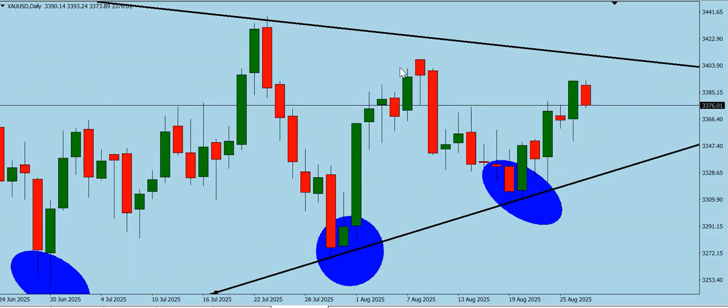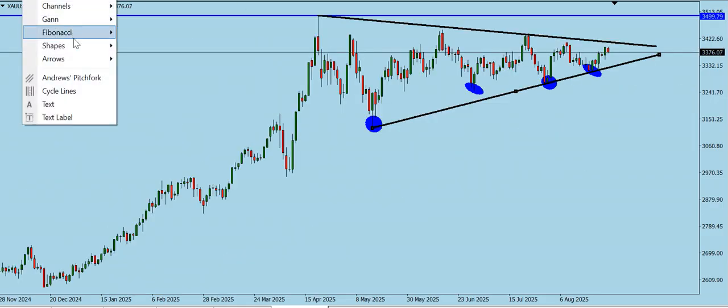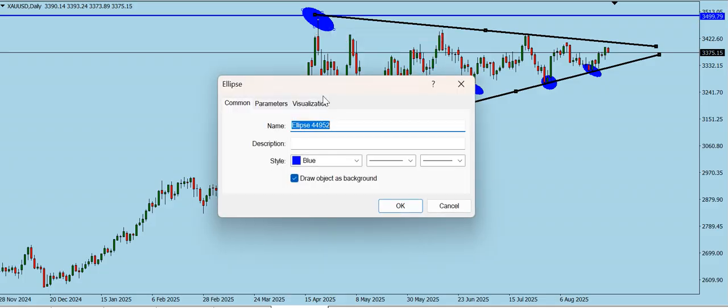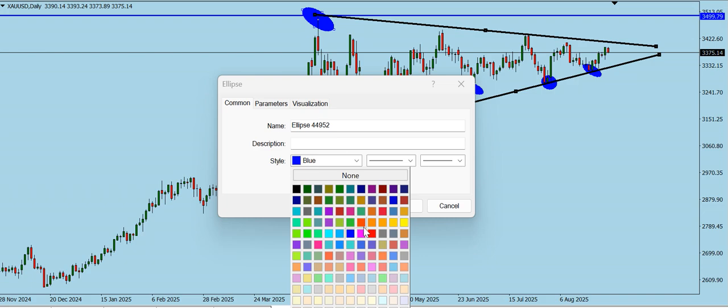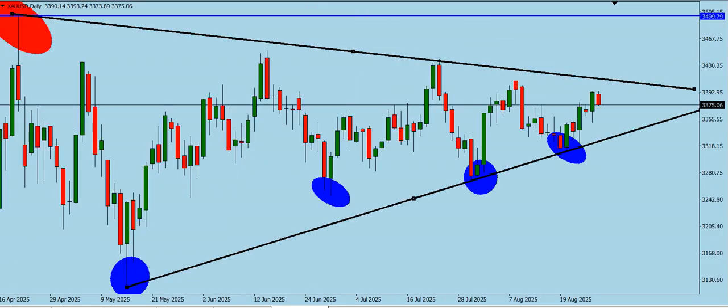You can see the picture, more like an ascending triangle. So we have a high around here. We have a high around this point. On the daily time frame, we have a high around that point.